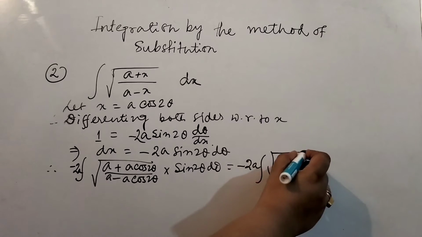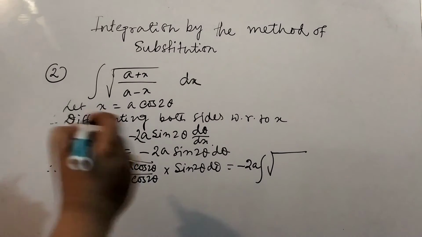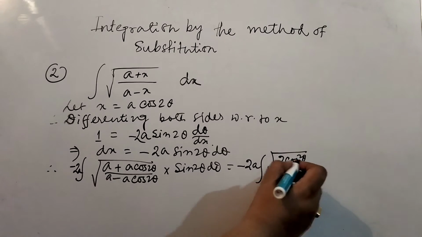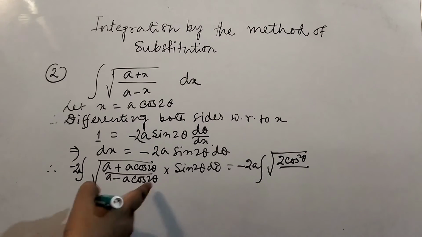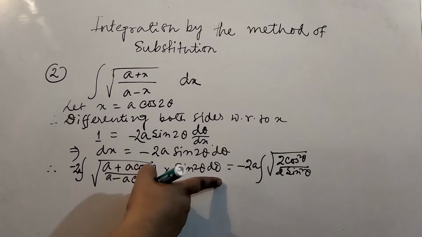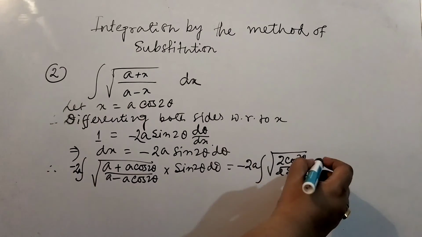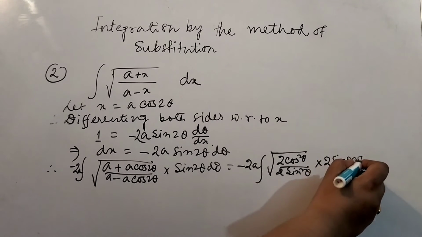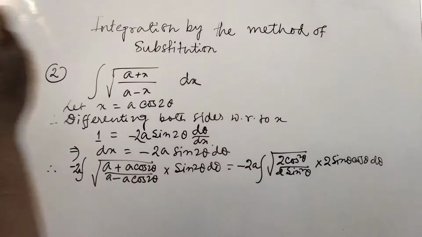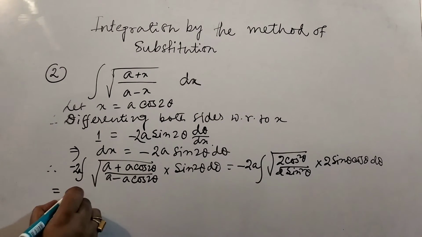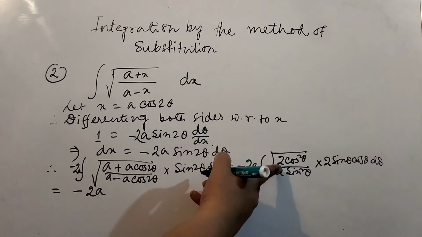So it will give us root over 1 plus cos 2 theta, which can be written as 2 cos square theta, and hence 1 minus cos 2 theta will give us 2 sine square theta, right? And here it is sine 2 theta, which can be written as 2 sine theta cos theta, and hence it will be d theta.